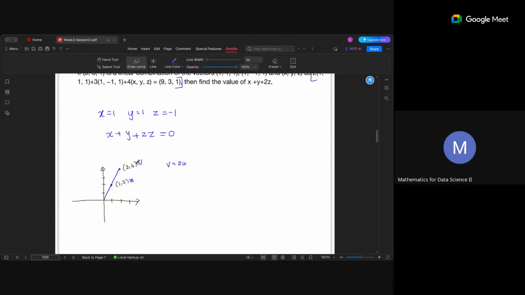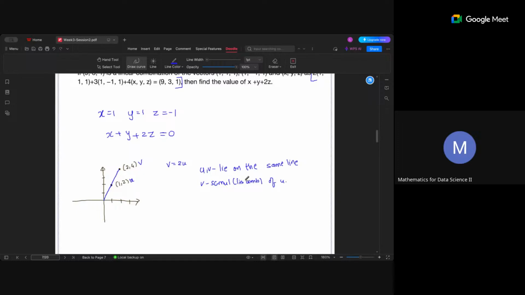Either way, u and v lie on the same line geometrically, and in terms of values, one is a scalar multiple of the other. So v is a scalar multiple, or linear combination, of u.